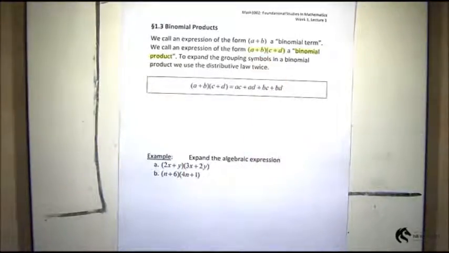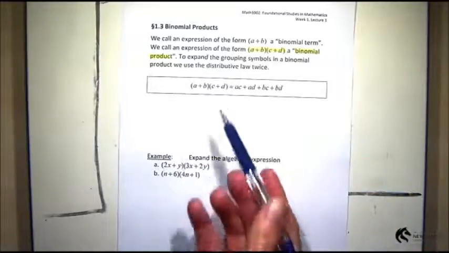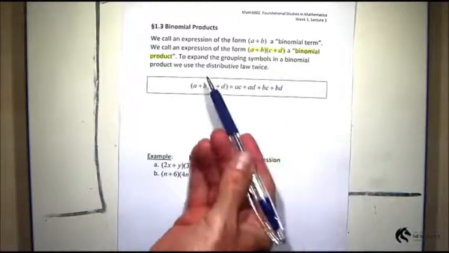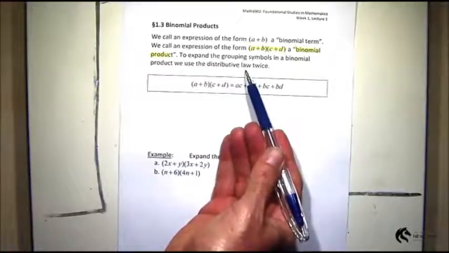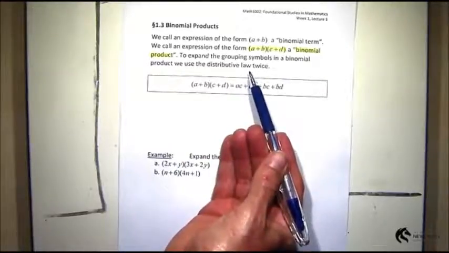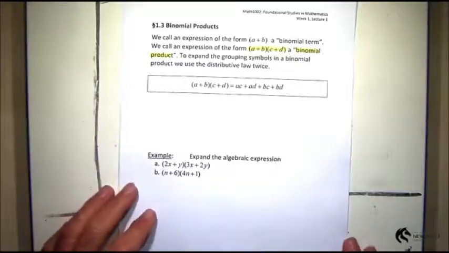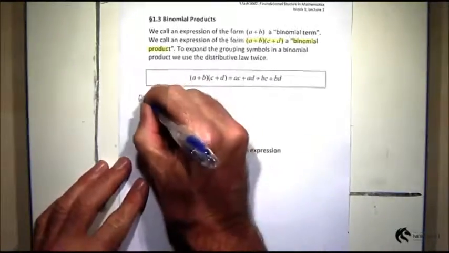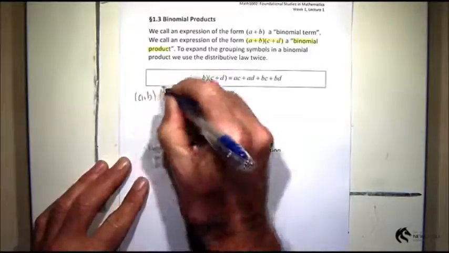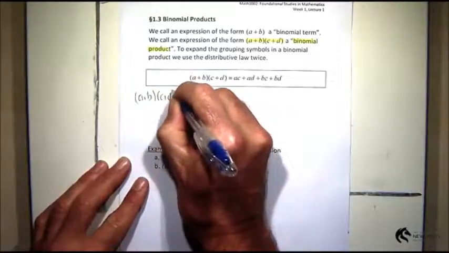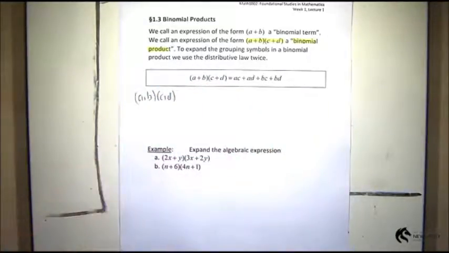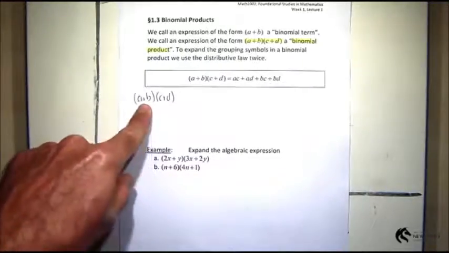And there's nothing new here, because to expand a binomial product we just use our distributive law, but we do it twice instead of once. So let me do it. Sitting in here, I want A plus B times C plus D. Now, for any choice of A and B, A plus B is just a number.